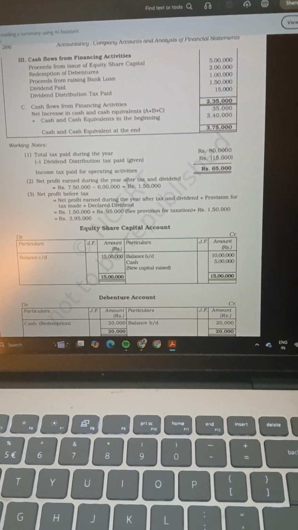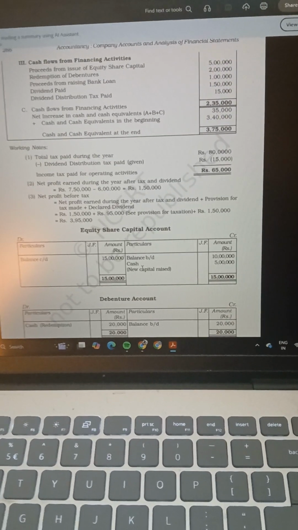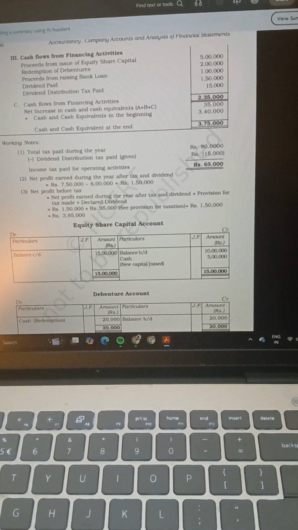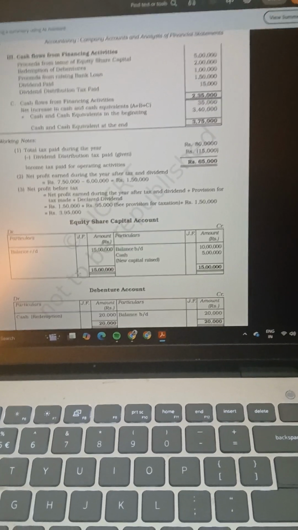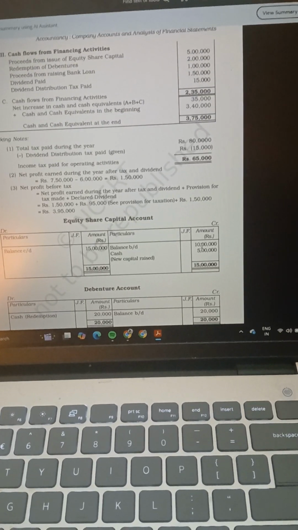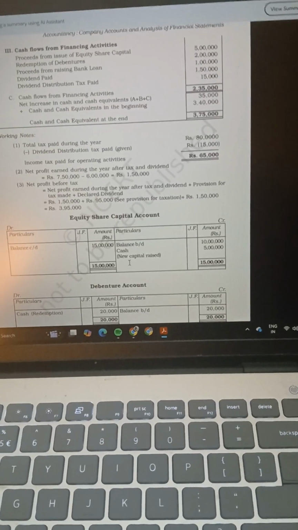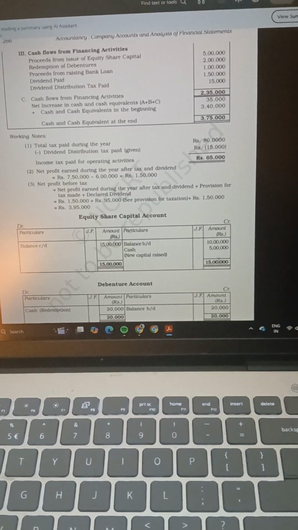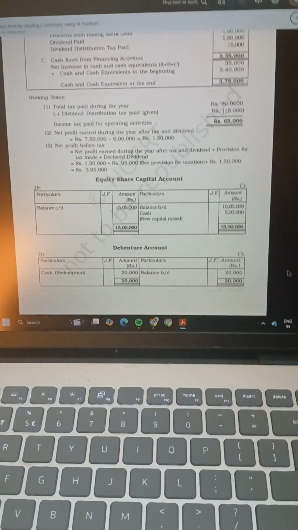As it is a liability, it has a credit balance, so balance brought down 10 lakh, then balance carried down, that is the closing figure, 15 lakh. The 15 lakh minus 10 lakh is a new capital raised. It should be written as cash. So 15 lakh minus 10 lakh will be 5 lakh. That is the new capital or additional capital brought.